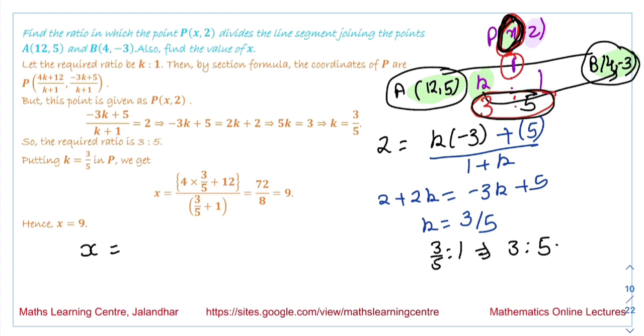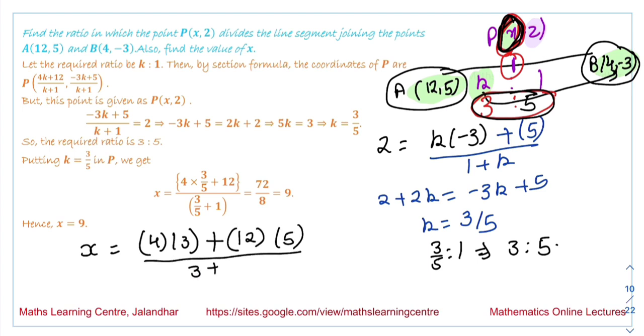So the coordinate x is 4 into 3 plus 12 into 5 upon 3 plus 5, and the answer we get is 72/8, that is equal to 9. So the x coordinate of this point P is 9.